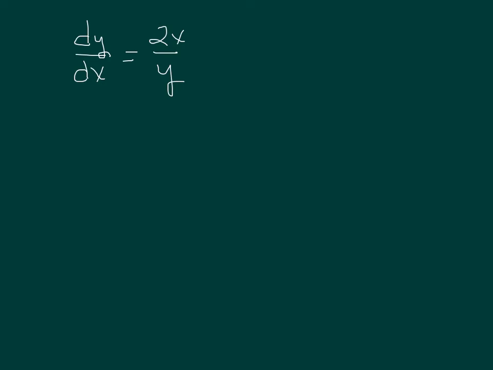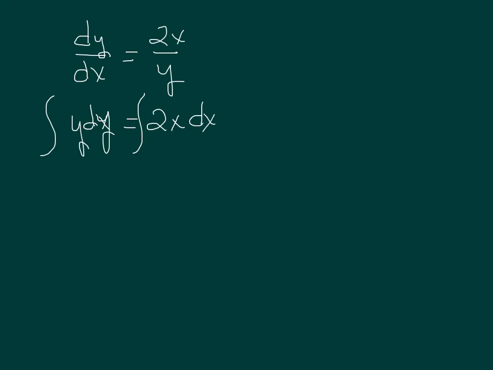If we multiply both sides by y and then both sides by dx, we get y dy equals 2x dx. And many times on the free response, I've seen them give a point just for separating the variables correctly. So then we're going to integrate both sides.